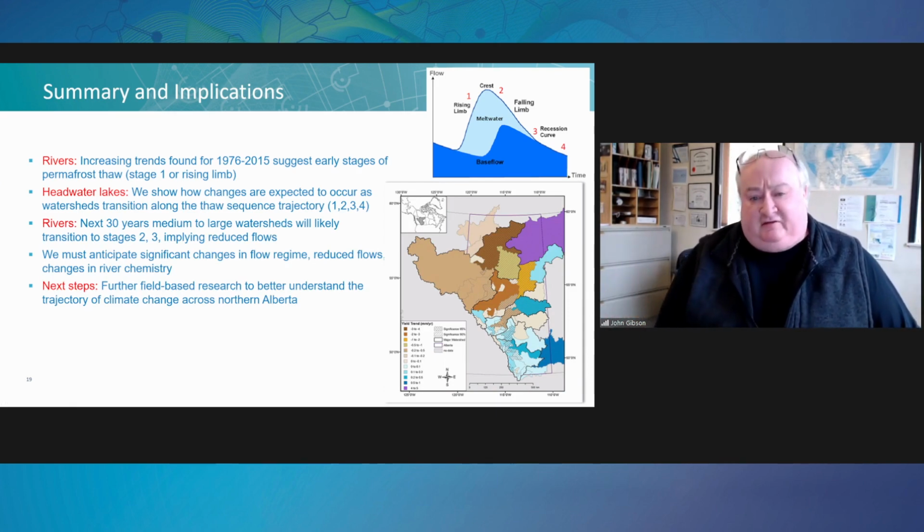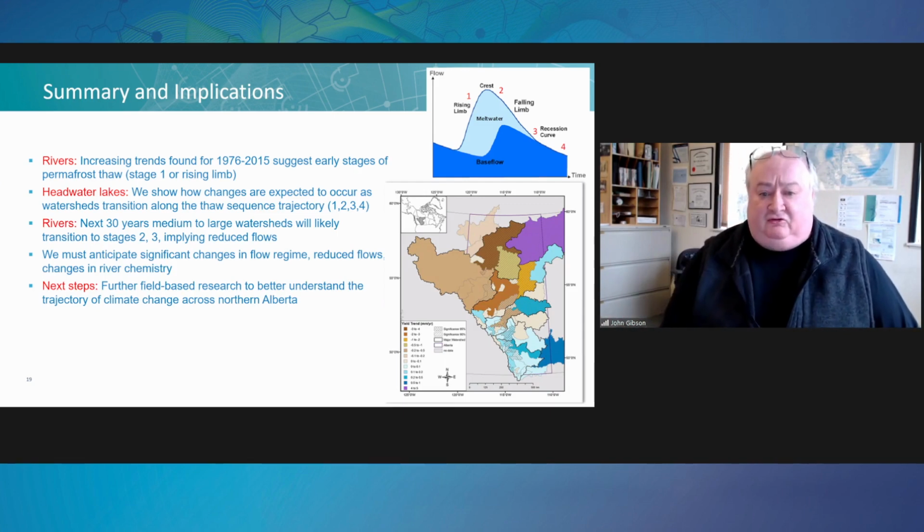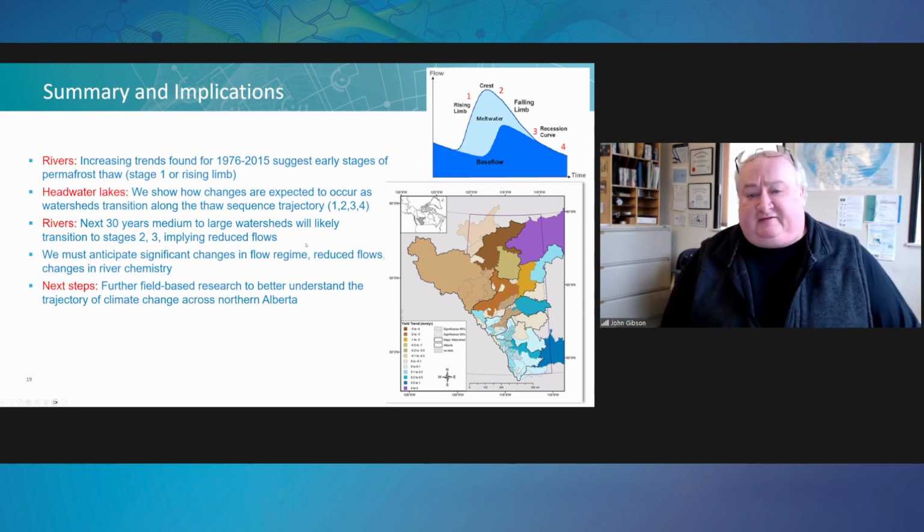This is going to happen in the alpine regions as well, where they're positive over the 40 years up to 2015. They're certainly going to wane over time, and less water availability is going to be the result.